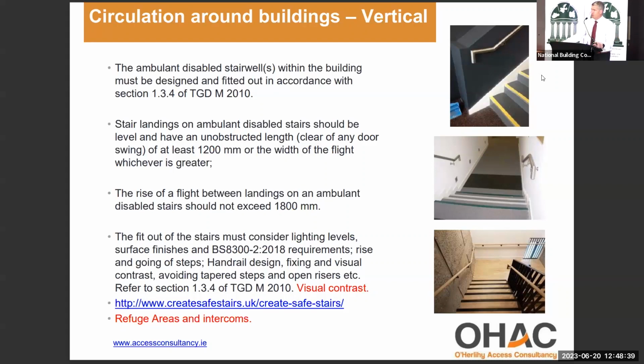It's much easier to design your handrail if it's inside the rail. Again, visual contrasting handrails, visual contrasting nosings, the width of the stairs, the width of the landings and things like that can all cause problems. And then there are the handrail extensions of 300 millimeters. Just so everyone's aware, no tactile warnings internally, just externally on steps and so on.